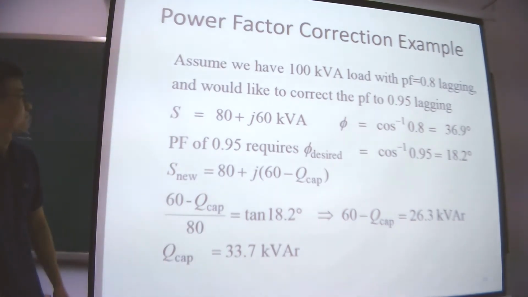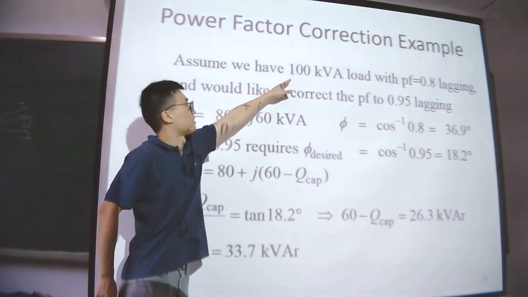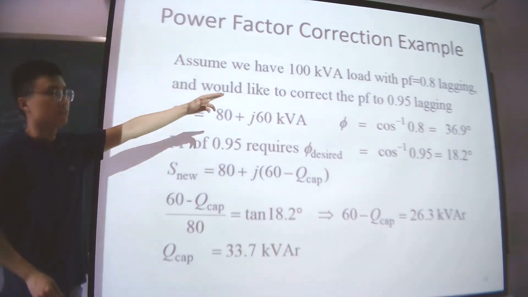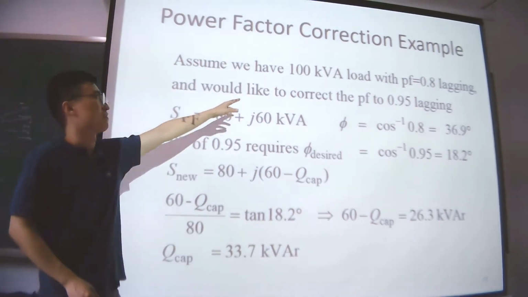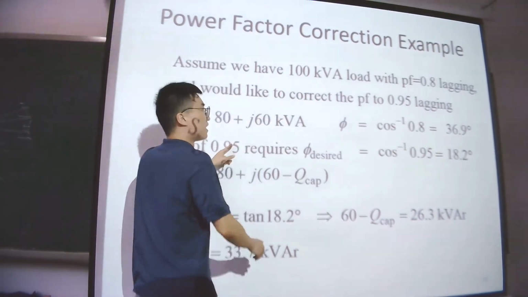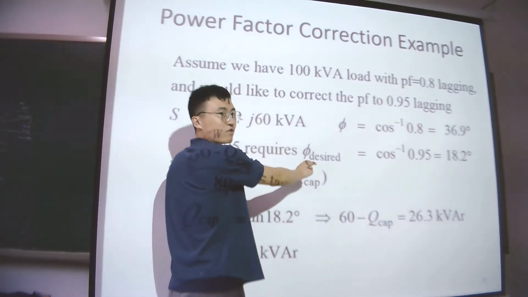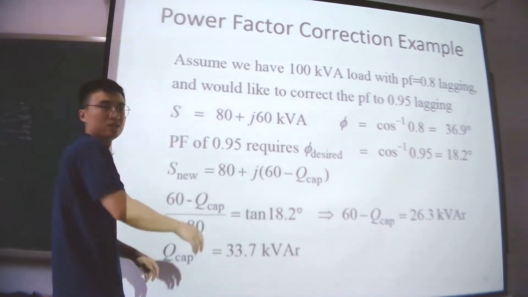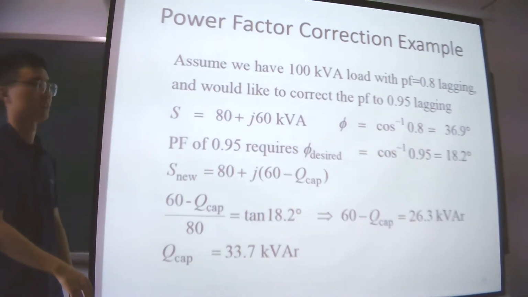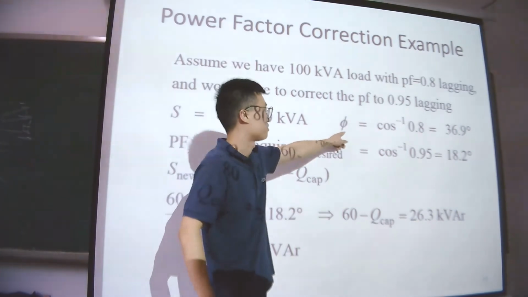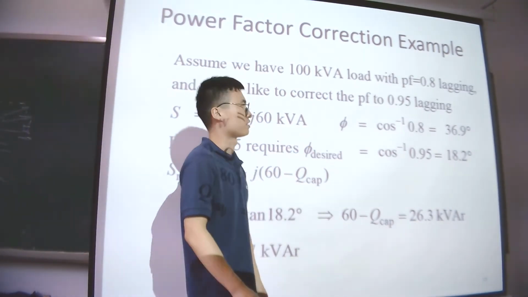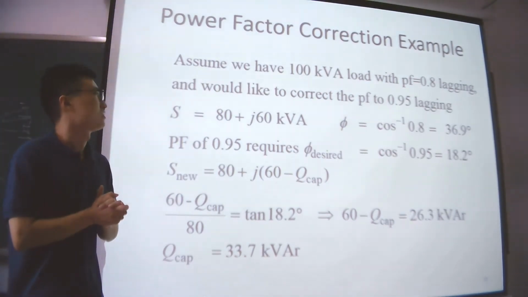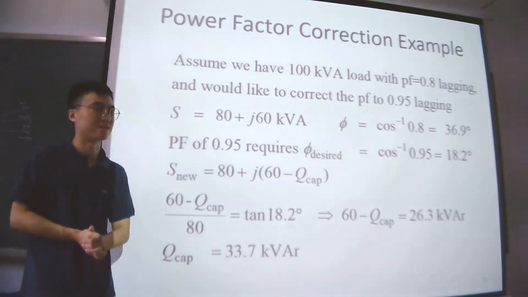You can reconvert this to the angular form of the complex power, 100 with the angle. 60, 80, and 100 form the triangle, and you can get the angle, about 33. No, 37 degrees.